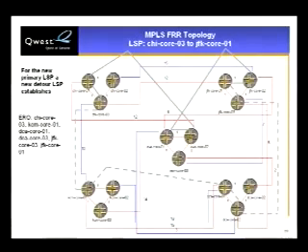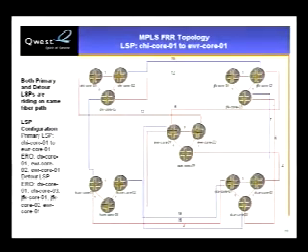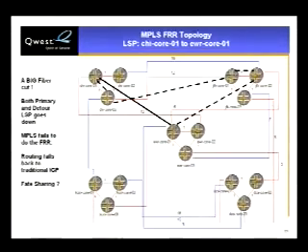In the third example that I have here, both the primary and detour LSPs are riding on the same fiber path. If there is any fiber cut along the fiber route, we're going to lose both the primary and detour LSP, and in this case the MPLS fast reroute fails.